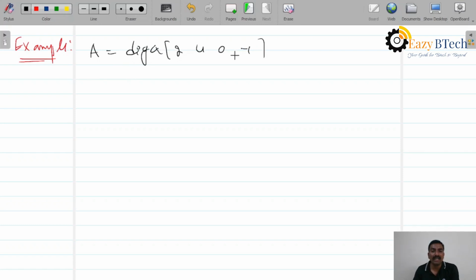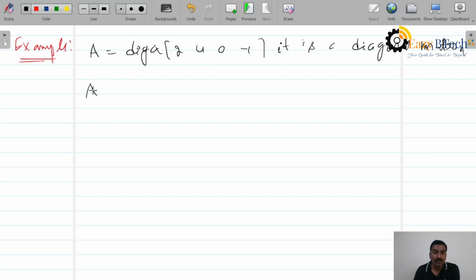What is the meaning of diag? Here these are the only diagonal elements: 2, 4, 0, -1. The remaining elements must be 0. So it is a diagonal matrix. They gave only one row here, but in front of this row there is diag, and that is the meaning of a diagonal matrix.